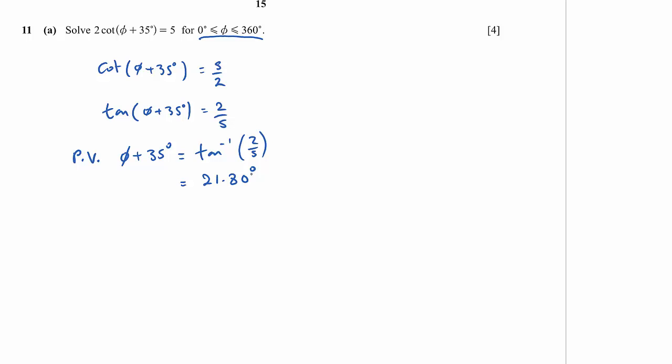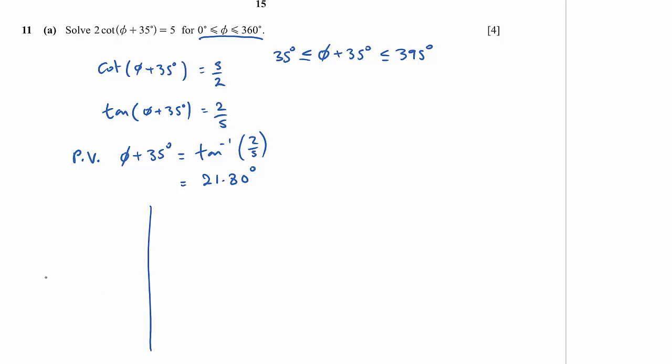Okay, now we're solving phi from 0 to 360. So if we're thinking about phi plus 35, we need to be solving that from 35 right the way round to 360 plus 35, so right the way round to 395.